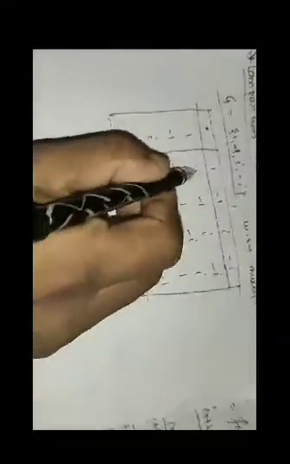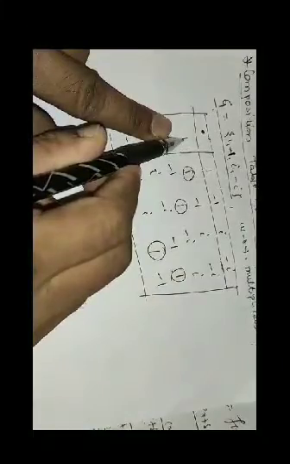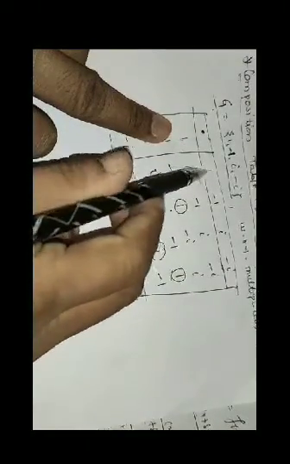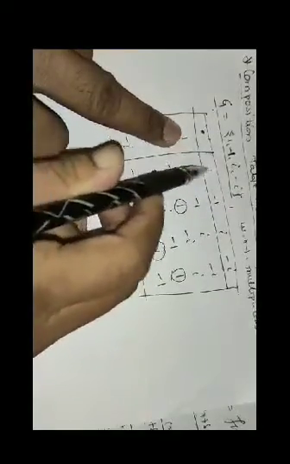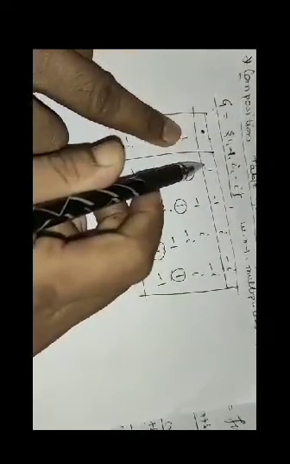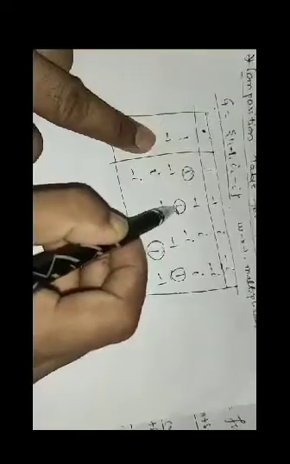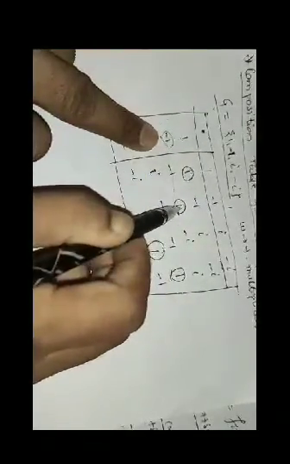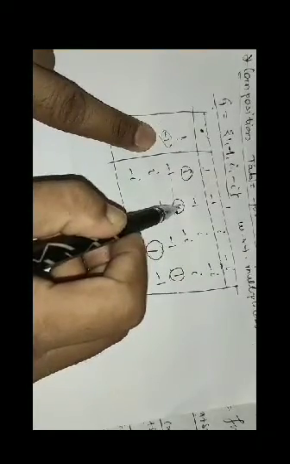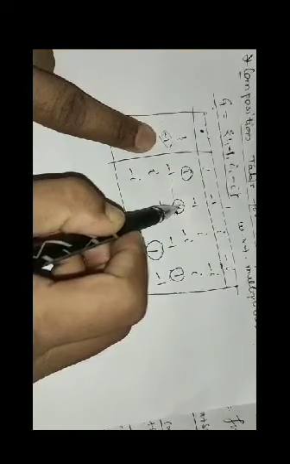So where is the identity element in the row and column? See here, 1 in this first row and this first column. So 1 is the inverse of itself. Then minus 1 and minus 1, that means minus 1 is its own inverse.